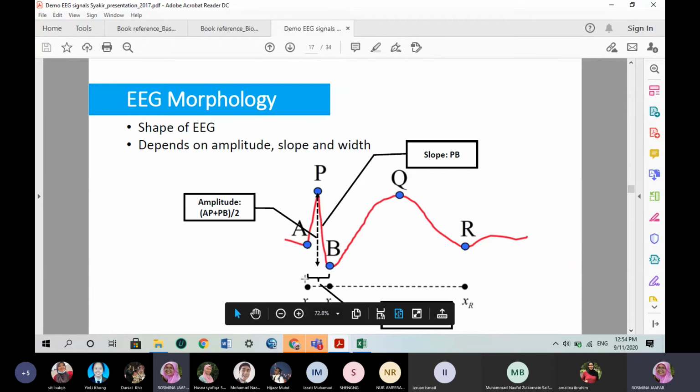So from here, he has to identify the amplitude of the spike. Okay, and he finds the slope of point AB, and also finds the amplitude or the average width of the spike.